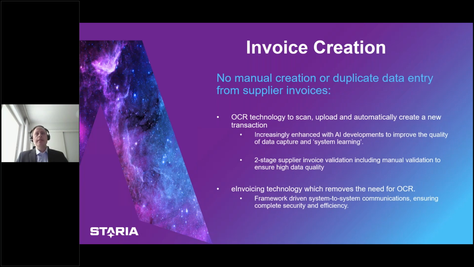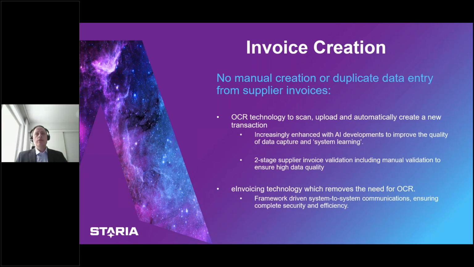This should be increasingly enhanced with AI to make sure that the quality of data capture is taken care of. We also want to highlight that although OCR and AI are hot topics for many of our customers, manual validation is actually something that will ensure high data quality, and for that reason, this manual validation is something that we want to highlight here.